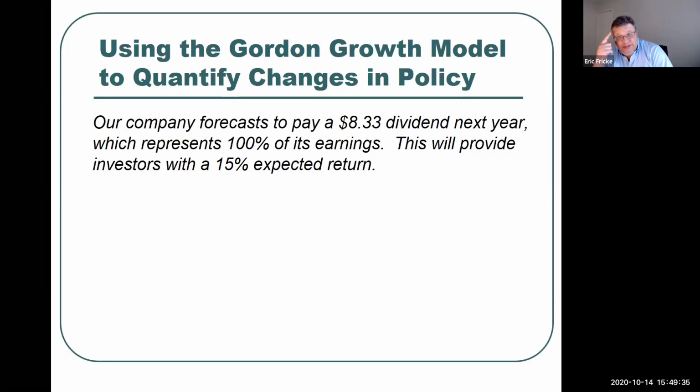So right off, you should be thinking that the payout ratio is 100%, or 1.0. And then it says this will provide investors with a 15% expected return. So that must be our R, right? R, the discount rate, is 15%. That's the required return. So we got a couple good pieces of information there.